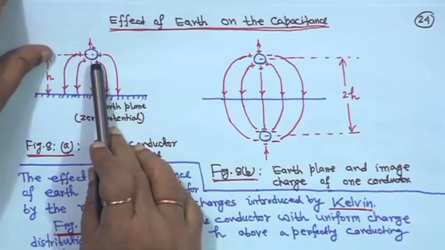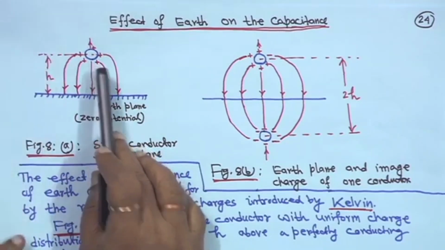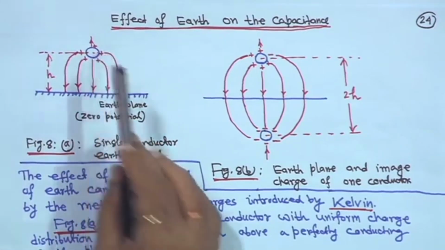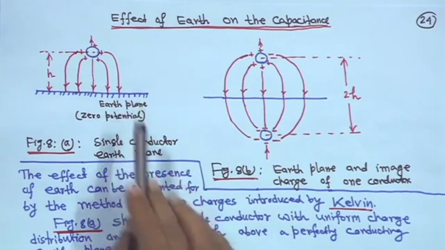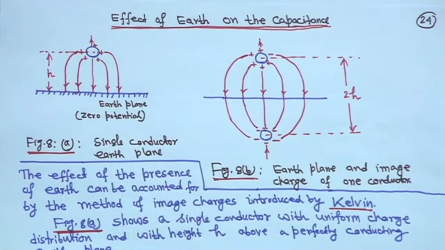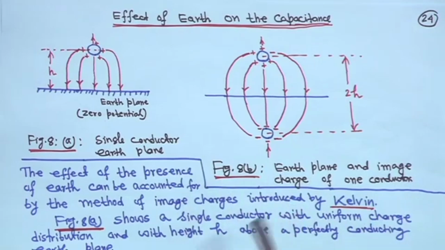A charge is uniformly distributed. Assume that this is a positive charge, right. So, this is a single conductor, earth plane, 0 potential here, and we will introduce Kelvin's image charges. So, the effect of the presence of earth can be accounted for by the method of image charges introduced by Kelvin, right.